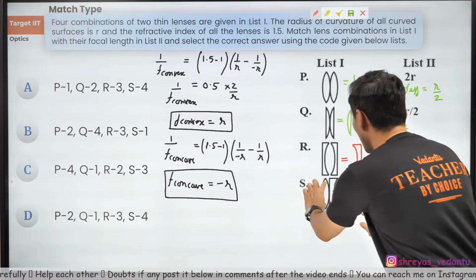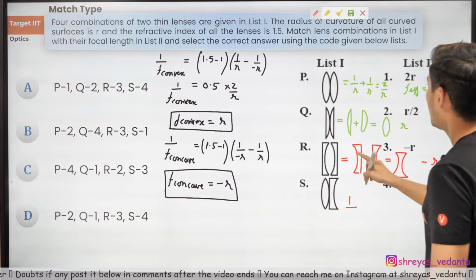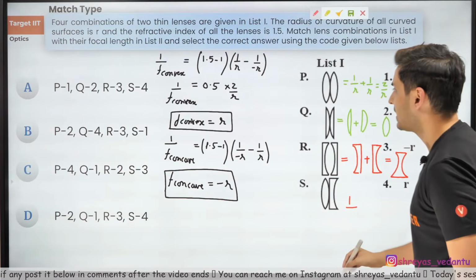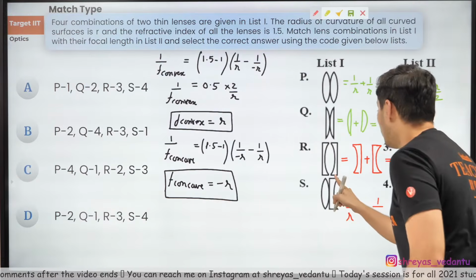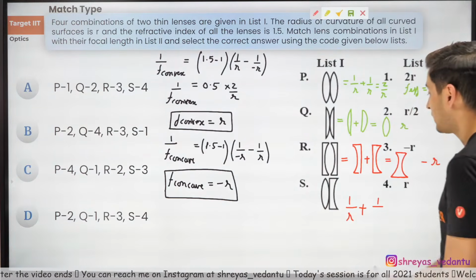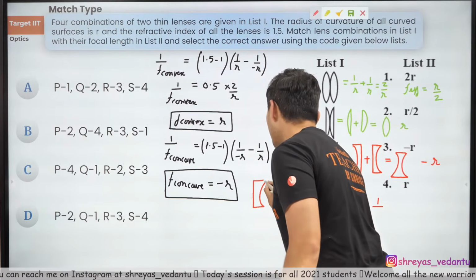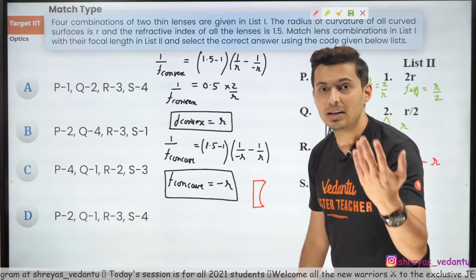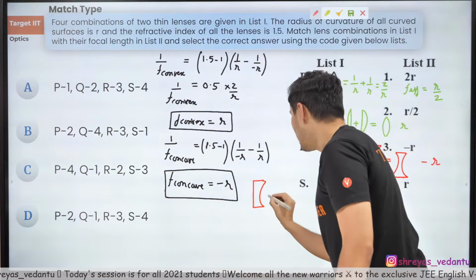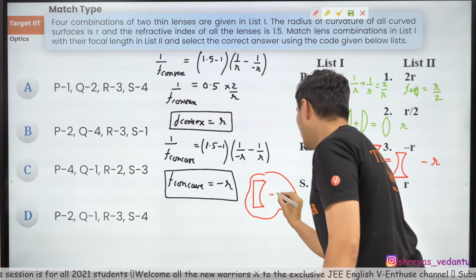Okay. Now this is convex plus concave. So 1 by focal length of the convex, what is the focal length of the convex? It is nothing but r, plus 1 by focal length of half the concave. What will be the focal length of just half the concave lens? Lot of people think it is r by 2. Wrong. It is actually the focal length of this is nothing but minus 2r.